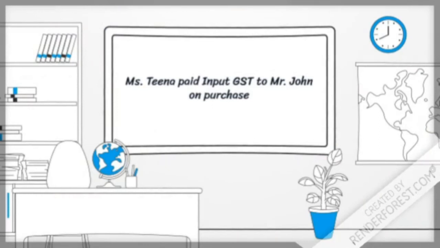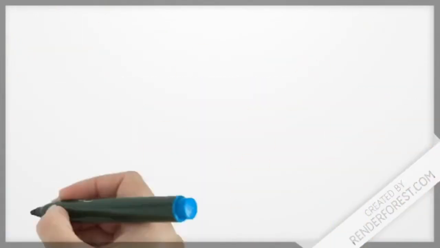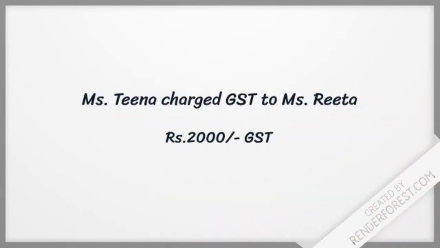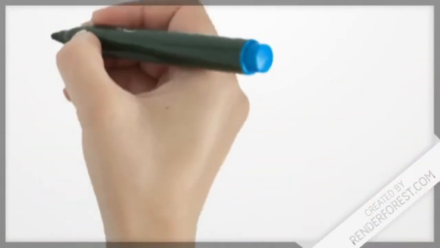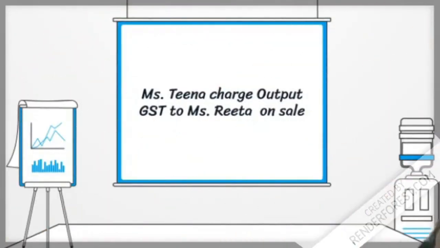Later on, when Miss Tina is selling the laptop to Miss Rita, she is going to charge rupees 2,000 as GST amount, or she is going to collect rupees 2,000 as GST amount from Miss Rita. When she collects that rupees 2,000, ultimately she is going to pay off that amount to government.